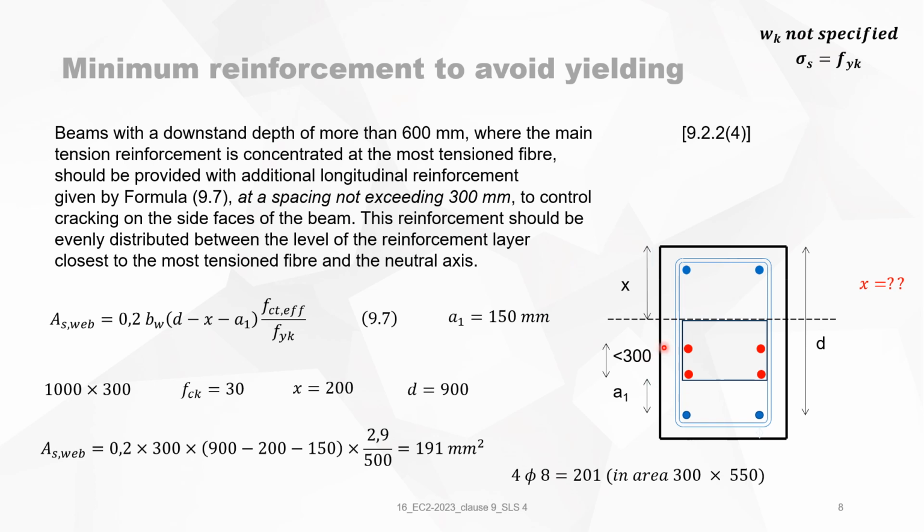So skin reinforcement is put outside the stirrup, and this is about additional tensile reinforcement to avoid yielding. Important is that it's valid from 600 millimeters onwards. So most beams have a depth of 600 millimeters or more.